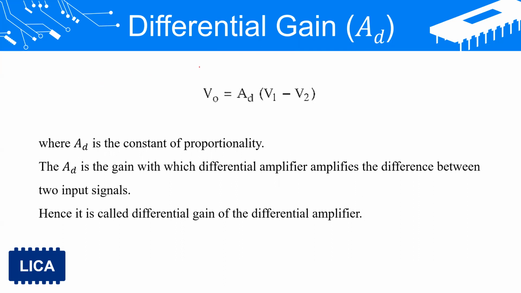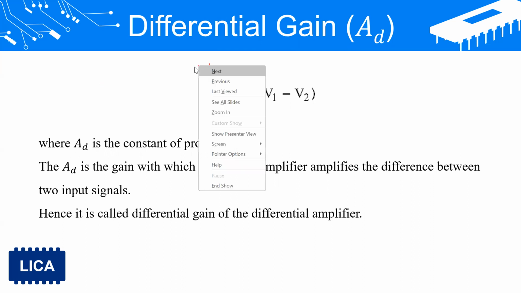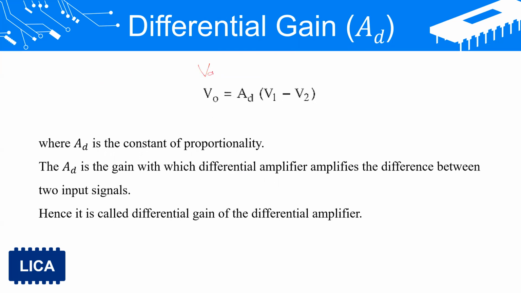How did the AD term suddenly come about? In the previous step, V0 is not equal to, but directly proportional to Vd, or V1 minus V2, right?